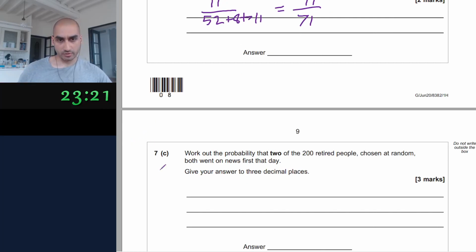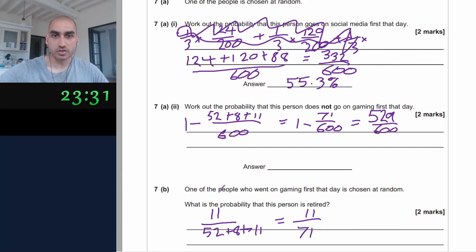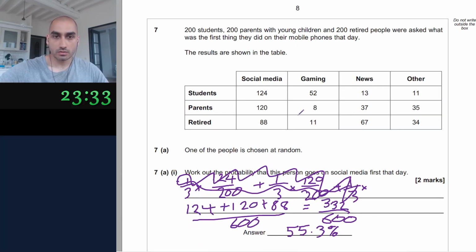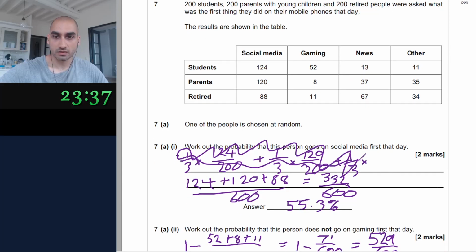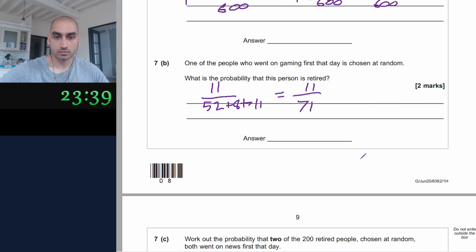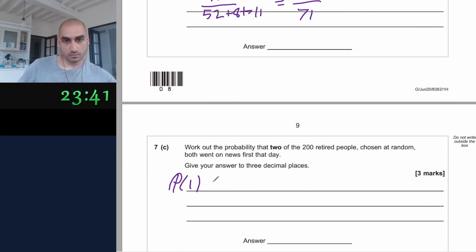Okay, so let's just work out the probability of one of the 200 retired people going on news first that day. We've got 200 retired people, so it's 67 out of 200.